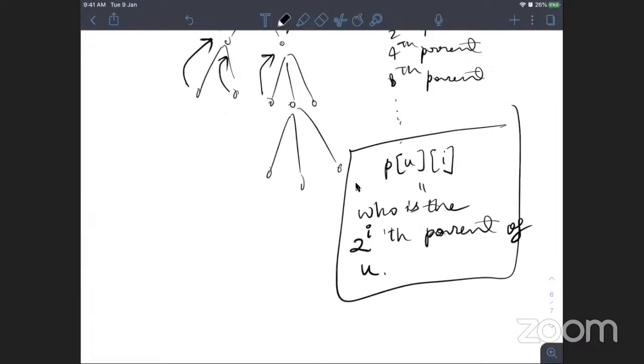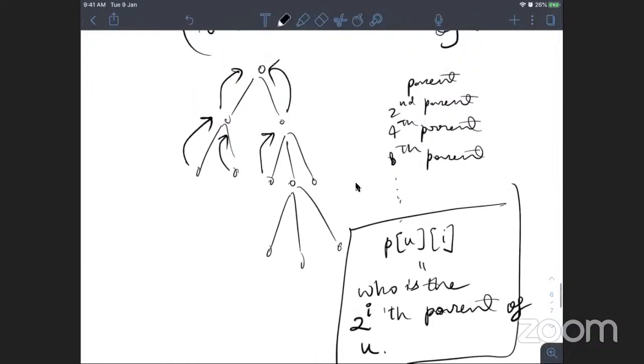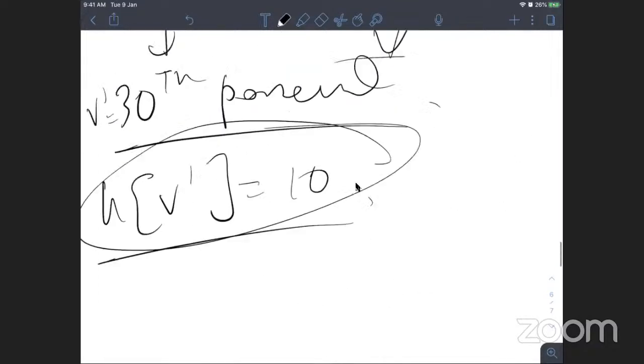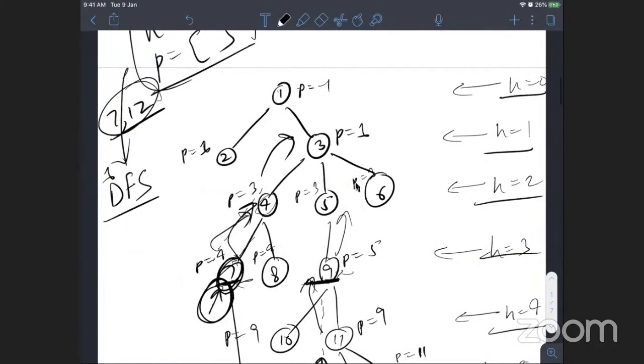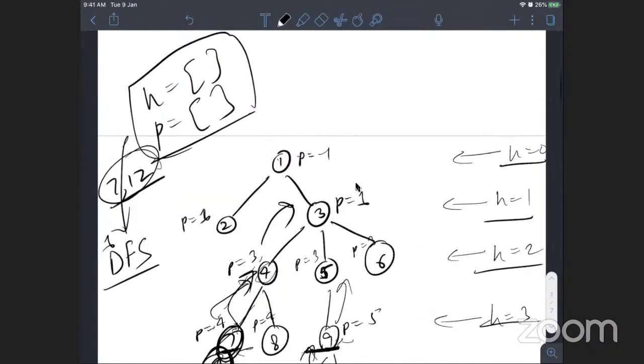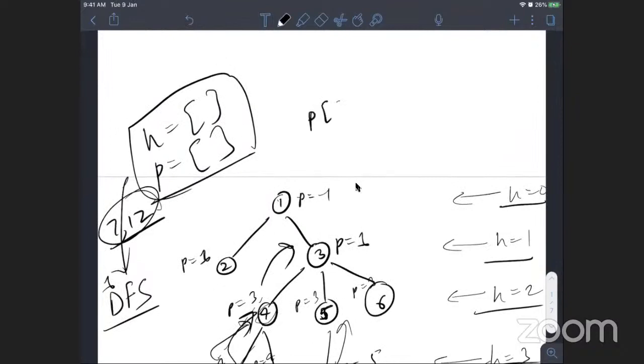In lowest common ancestor fast, in a binary tree, the edges are directed downward, right? I don't understand how we can move upwards. You're just maintaining who your parent is. In a single DFS, you maintain that, and now you can move up because you know who your parent is. In this tree, somewhere in the array, P of 5 was stored to be 3.